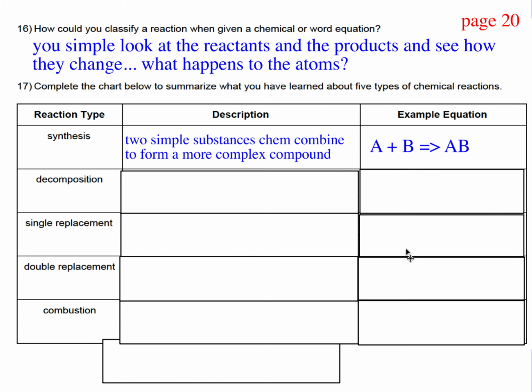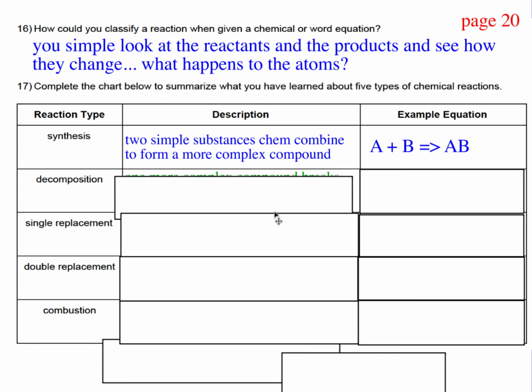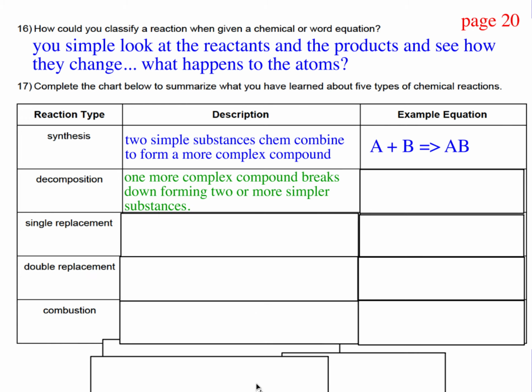That's like taking substance A and substance B and combining them into something more complex. In a decomposition reaction, I've got one complex compound and it's broken down, forming two or more simpler substances. So I've got AB compound breaking down into two simple substances separately.